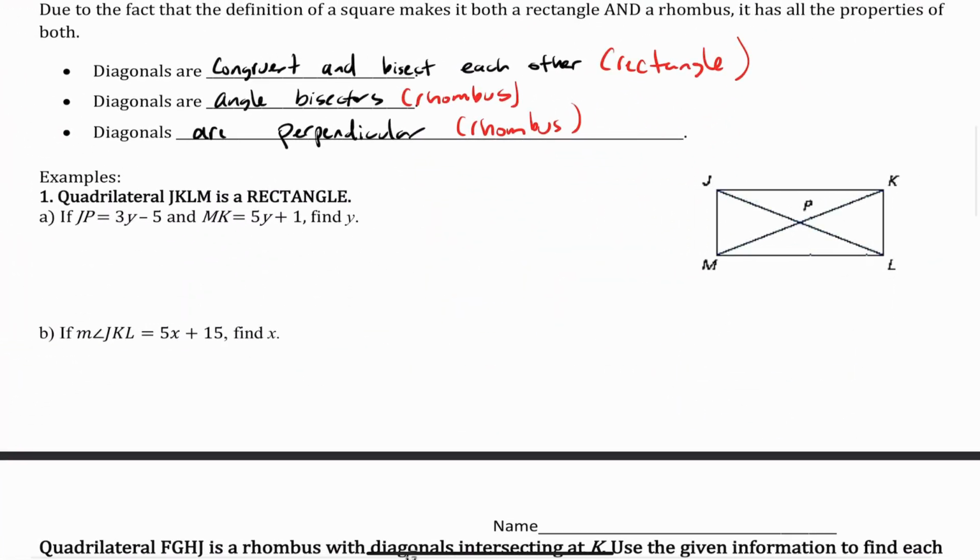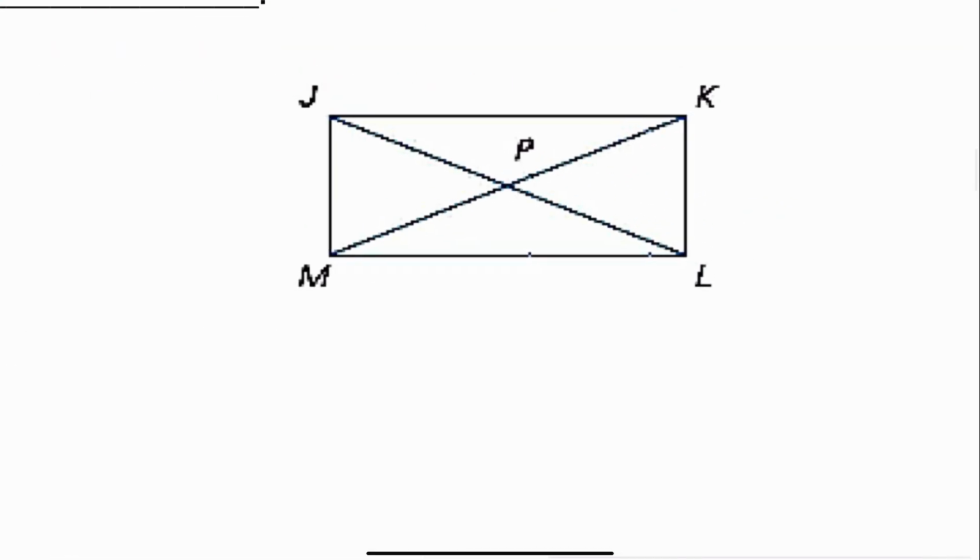Okay, so let's take a look at this example here. Quadrilateral JKLM is a rectangle. So since I know that this is a rectangle, I'm just going to mark my picture. I'm going to state the properties again because that's the only way I can do the problem. The opposite sides are parallel.